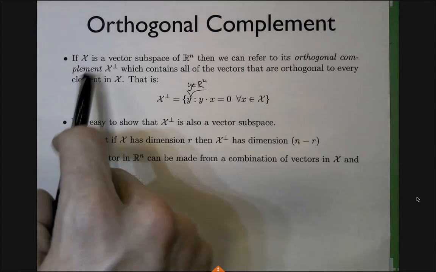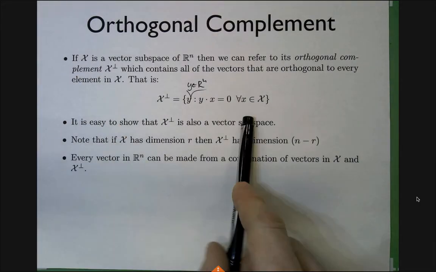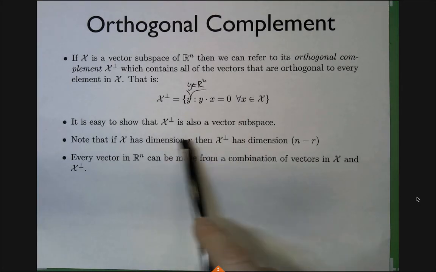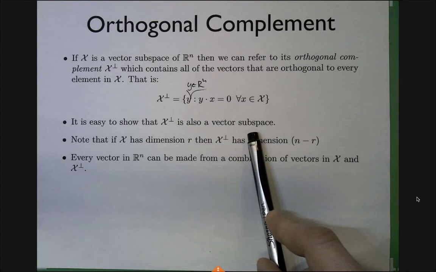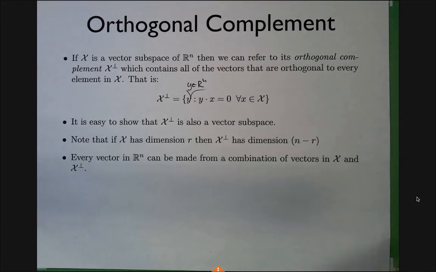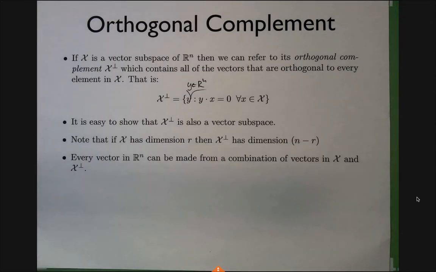They are both from the same vector space V. X is a subspace of V. It's very easy to prove that the orthogonal complement of X is also a vector subspace, right? Again, very trivial. All I need to prove is the closure properties. That's what I started with here. So that's very simple.